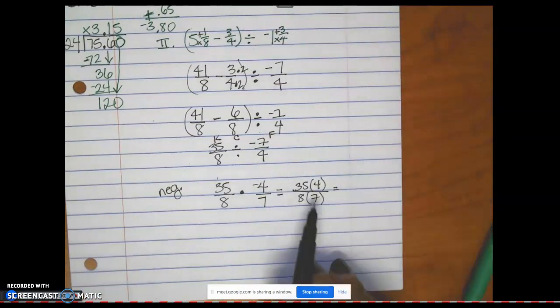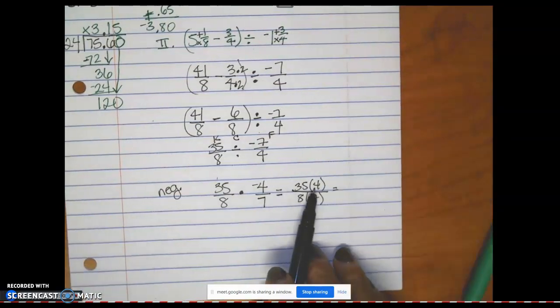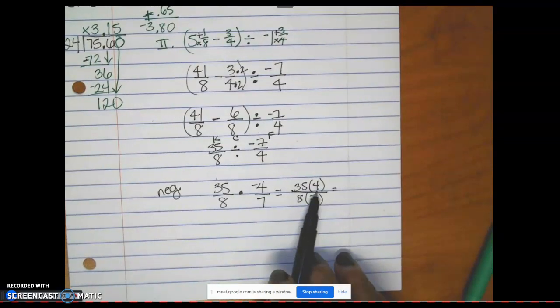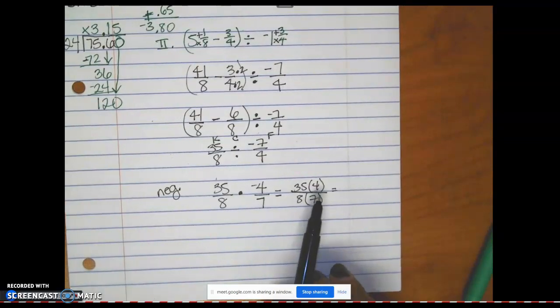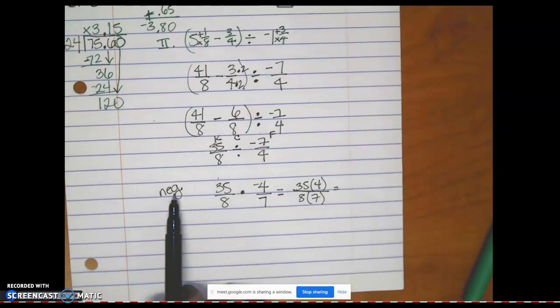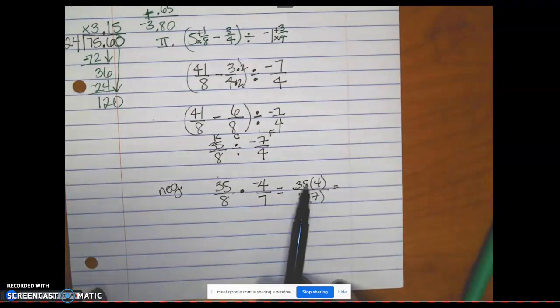Now if I multiply this out, 35 times 4 is going to be some large number, and 8 times 7 is going to be 56, and I'll have to divide this by 56 or see what they have in common. I'm going to find my common factors first, so that I can simplify early on and then be done once I put my sign with it. What times what gives me 35?